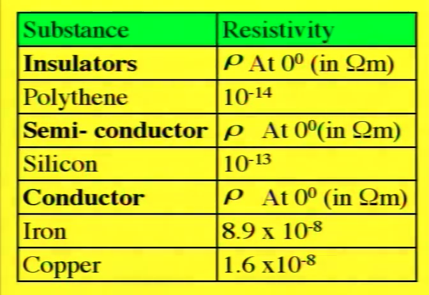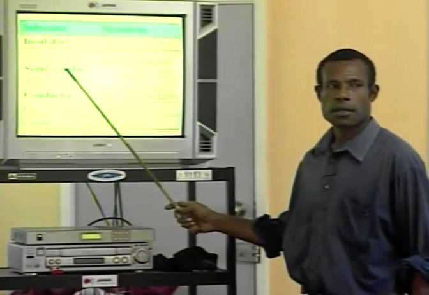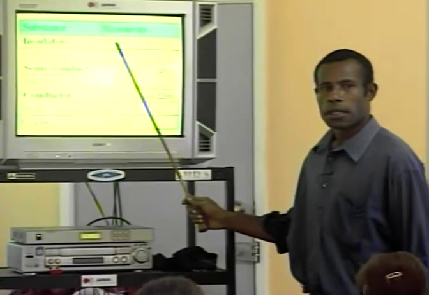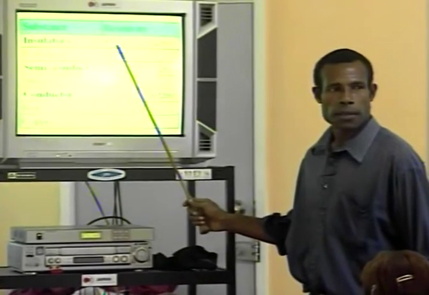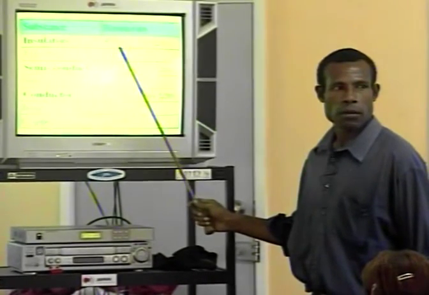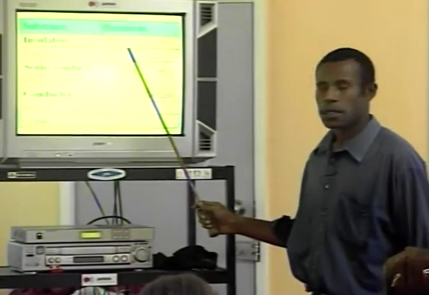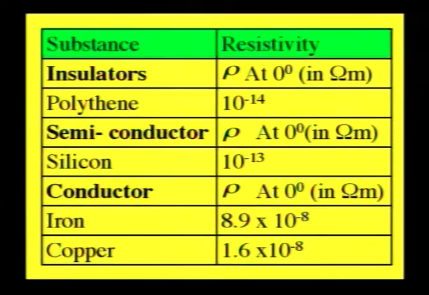Right, you have the insulators and also the conductors. Conductors may be good conductors or poor conductors, and then you have semiconductors. Looking at the resistivity, that is a certain property of a substance that has an effect on the resistance, and that is usually given at a temperature of 0 degrees Celsius.